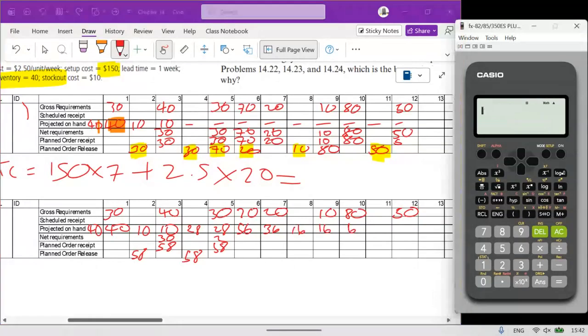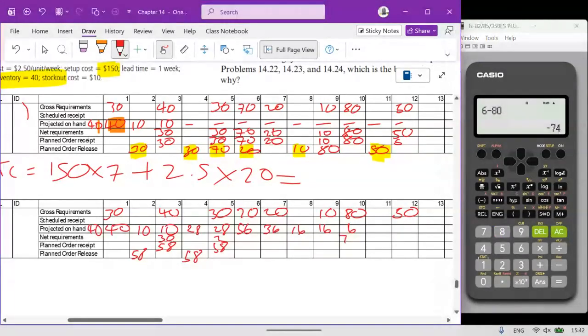But now 6 is no longer larger than this. 6 minus 80, 74. 74 is what we desire, but we can only order this.